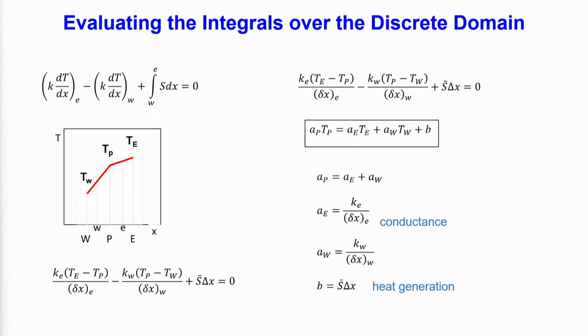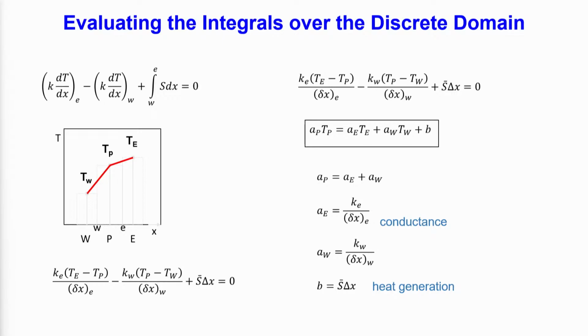Now, if you substitute that, you will get a very simple linear algebraic equation, which is AP TP is equal to AE TE plus AW TW plus B, where AP, AE and AW are some coefficients which are these. Physically, AE and AW are like conductances. That is the physical meaning. If you do not know the physical meaning, it is also okay, because it is just coming out of your calculation.